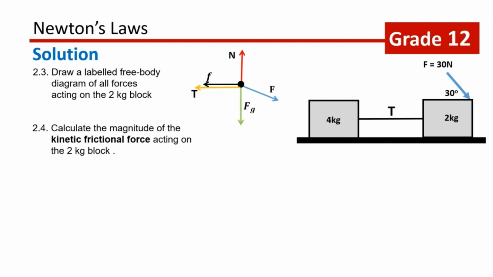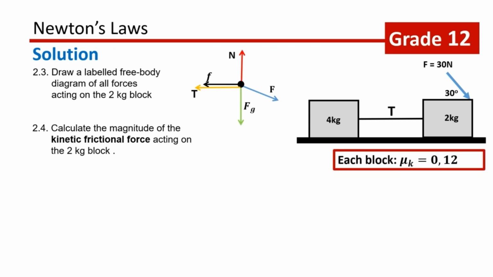The last question, calculate the magnitude of the kinetic friction force acting on the 2 kilogram block. We are given that mu k equals 0.12, and if you look at the vertical forces for the 2 kilogram block, you have got the normal force pointing up and the vertical component of 30 newtons applied force, which is Fy pointing down and Fg pointing down.